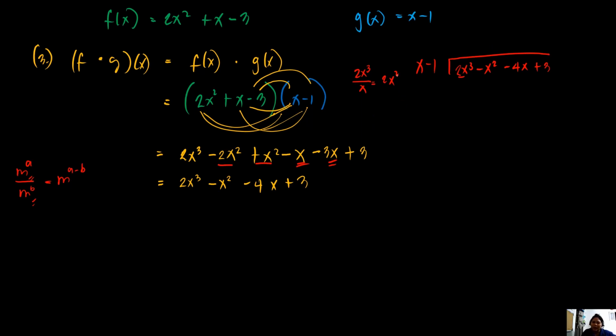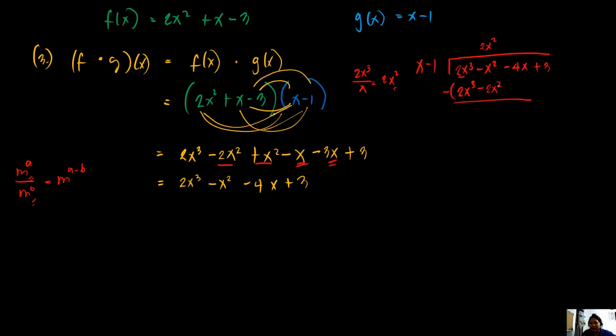Since the degree of this one is 2, we have to align it. We put it here above negative x squared. So, we have 2x squared. 2x squared times x, we go down, class: we have 2x cubed. 2x squared times negative 1, we will have negative 2x squared.